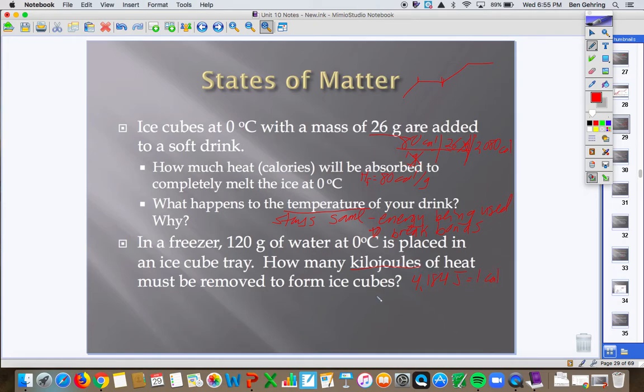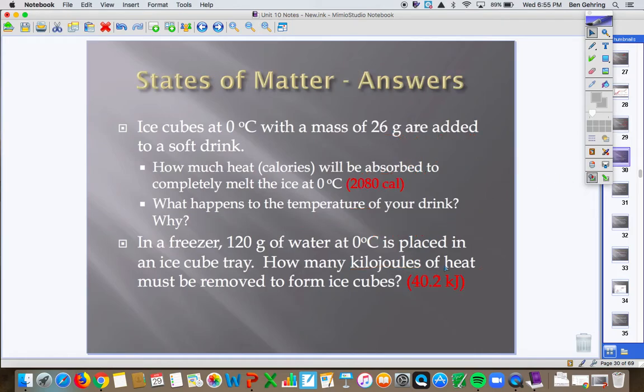So then you can convert that and go to kilojoules. If I place 120 grams of water in an ice cube tray in the freezer, how many kilojoules must be removed for ice cubes to form? So work through that. When you hit the next button, you'll get your answer. Your answer here should be 40.2 kilojoules or 40,200 regular joules. And so those are your answers there.